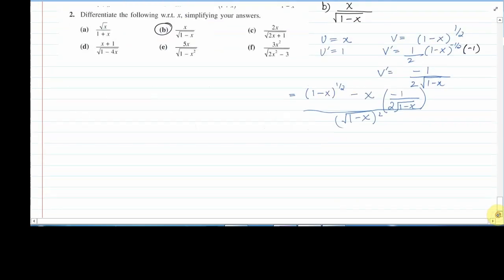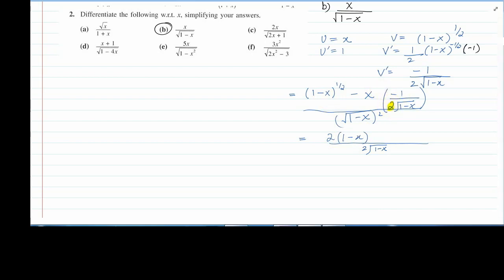Alright, now we need to simplify it. So in the numerator, I'm going to take LCM of 2 under root 1 minus x. In the numerator, we have 2 under root 1 minus x. So this root 1 minus x multiplied by root 1 minus x will be only 1 minus x that will be multiplied with 2, as 2 is present in this denominator.